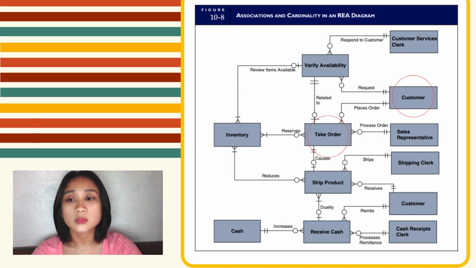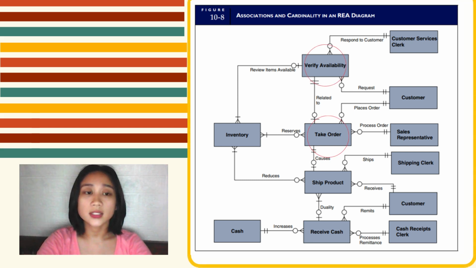The association between these entities is one to many and would never be one to one, as this would mean that the organization restricts each customer to an upper limit of only one order, which is illogical. The association between internal agents and event entities follows this same pattern. An organization would expect its employee to participate in many events over time, not just one.